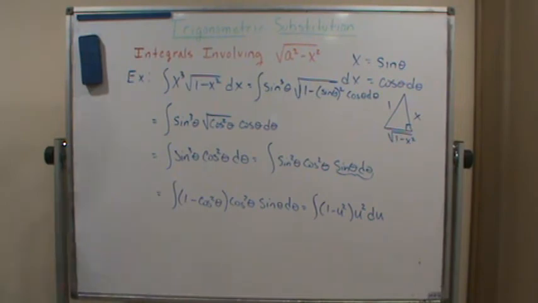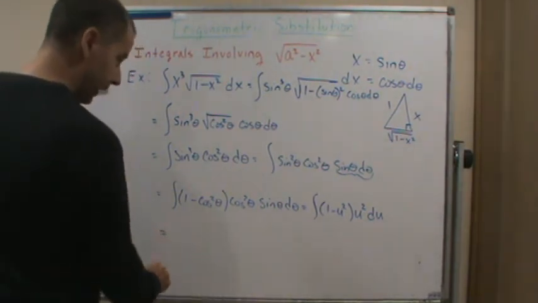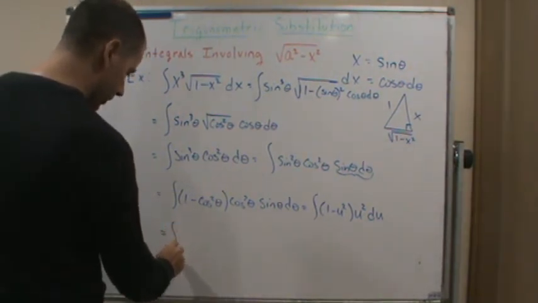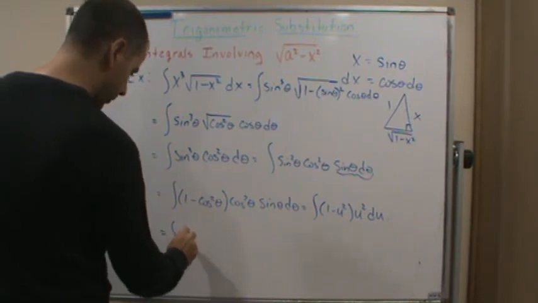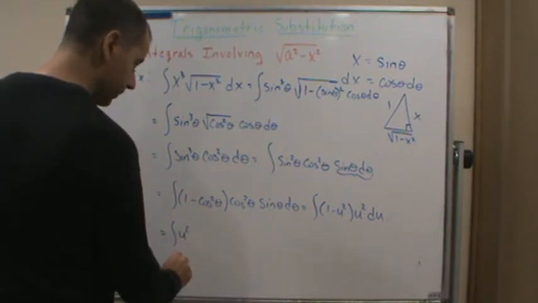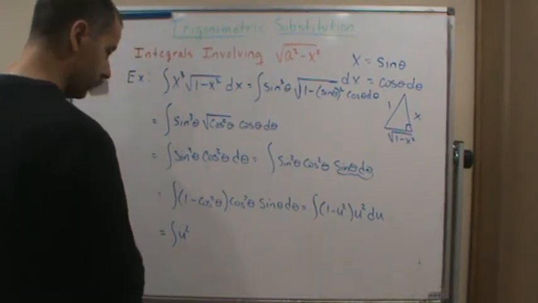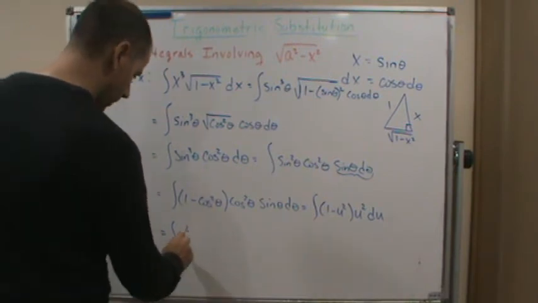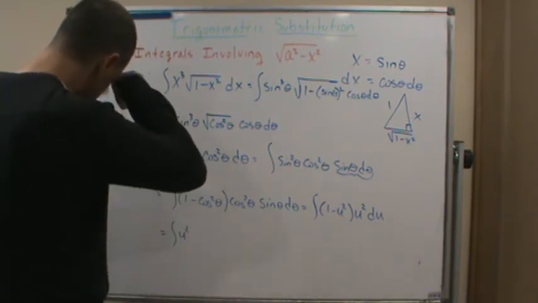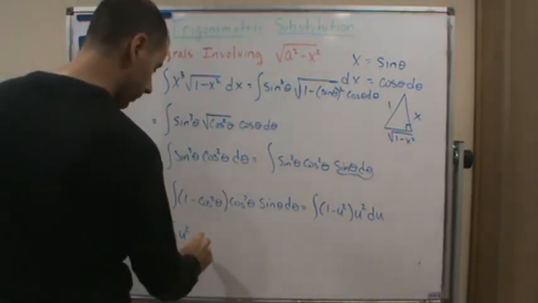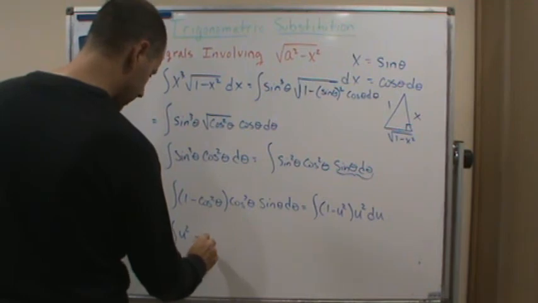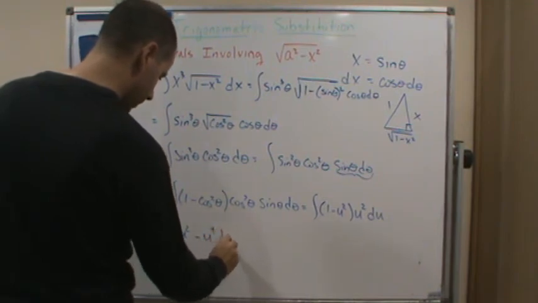And now, watch what happens. Now I get the integral of u squared minus u to the fourth du.